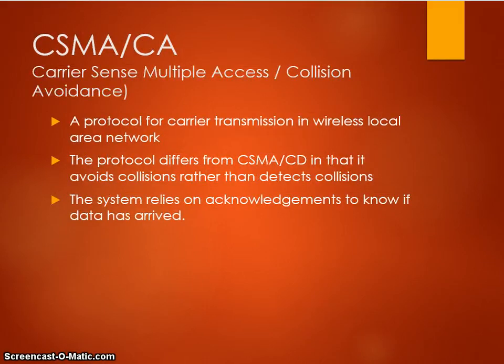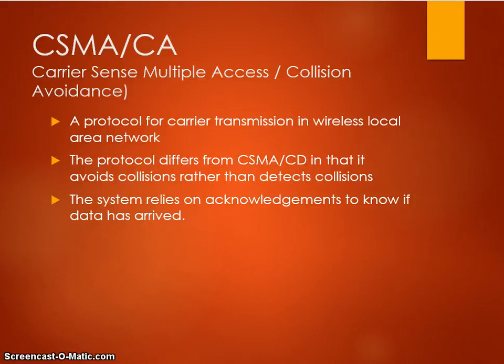Now earlier on we looked at collision detection for a bus network. Something very, very similar operates for wireless networks, and this is a protocol known as CSMA/CA. Now this is the Carrier Sense Multiple Access with Collision Avoidance.